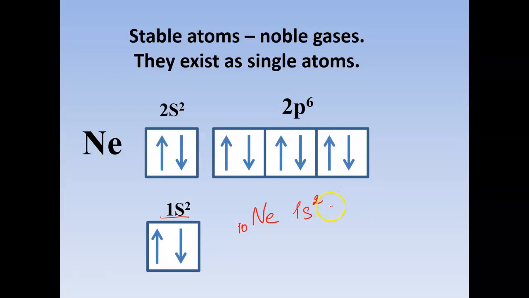It has 2 electrons on the second s subshell and 6 electrons on the second p subshell, and together they give us 8 electrons on its outer shell. So the outer shell is completed.